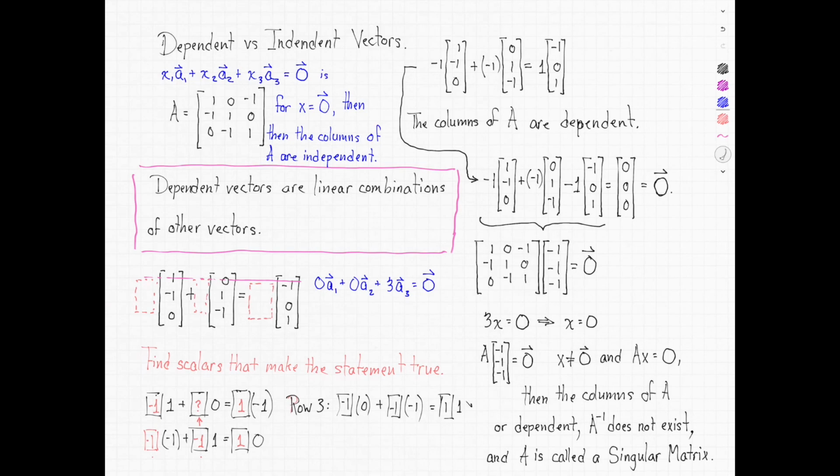It's probably not a very interesting matrix. It's probably A1 has numbers and A2 has numbers, and then A3 is probably just the zero column. So anyway, that's the point. Not until all of the scalars are 0 are the columns of A independent. If just one of them is not 0 in order to get to 0, then A is a singular matrix. I hope that helps.